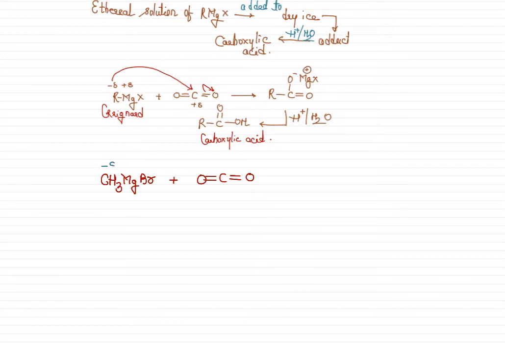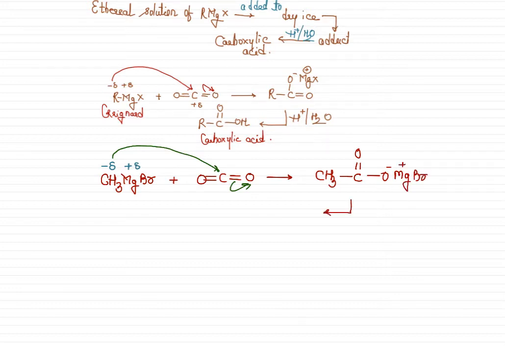The CH3, the negative dipole, attacks the carbon, pi bond collapses, and finally we get CH3, C double bond O, O minus, MgBr plus, and this upon acidification, so let us put H plus and water, and we get CH3, C double bond O, and OH.